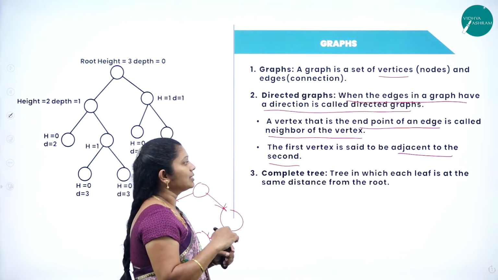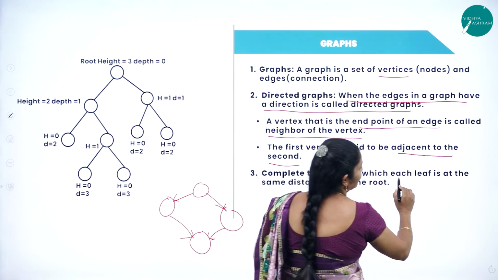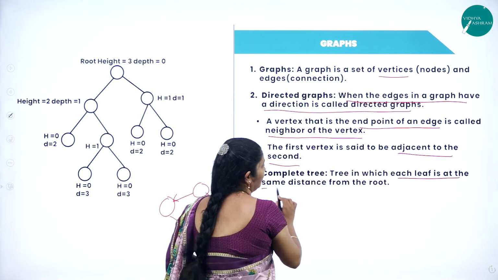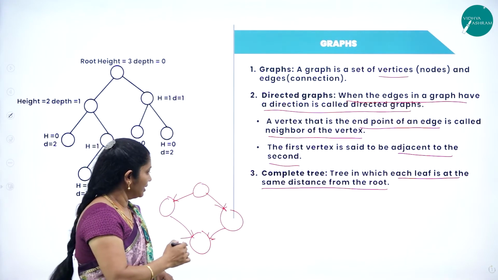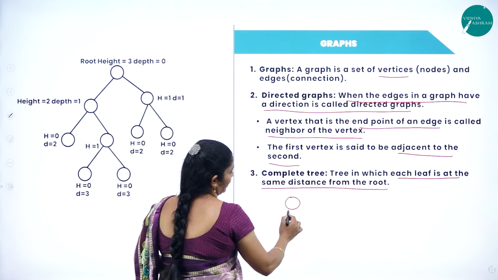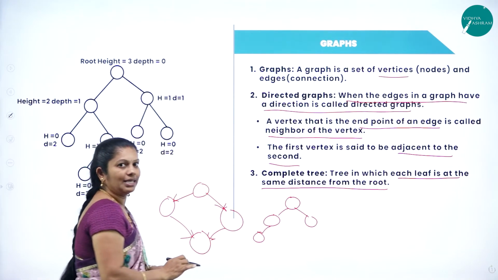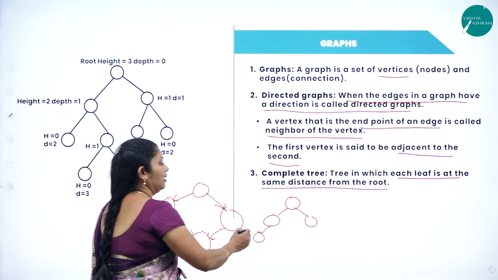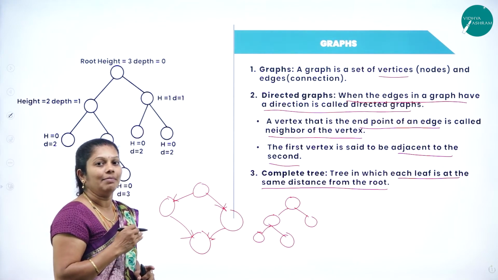Then, what do you mean by a complete tree? A complete tree, in which each leaf is at the same distance from the root, is called a complete tree. For example, if I consider one tree like this, then it cannot be called a complete tree. All the leaf nodes should be at the same level.